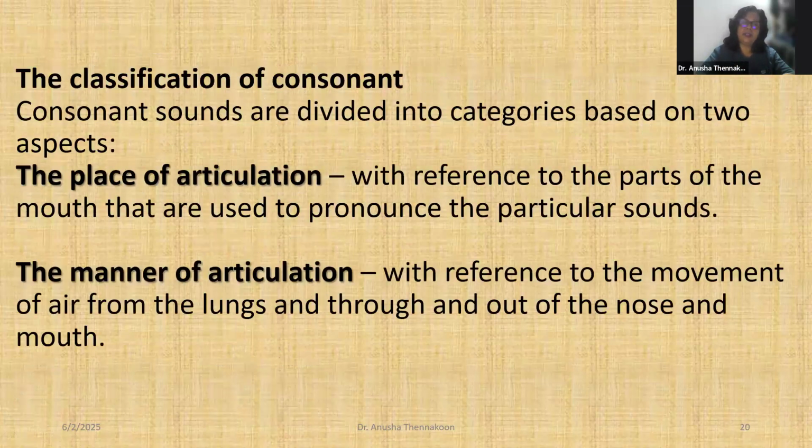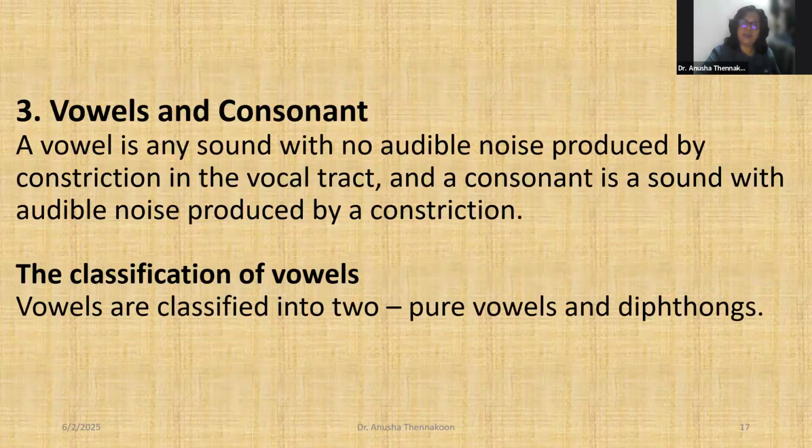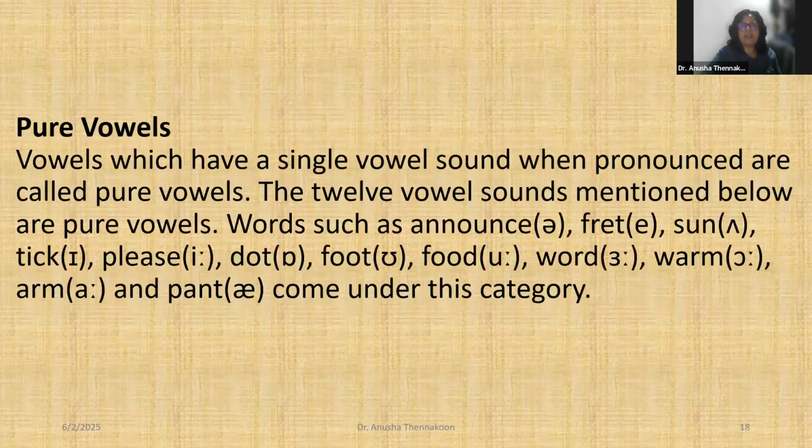Now you yourself should make a short note about vowels right now, otherwise you may forget these things. The vowels, there are two types, pure vowels and diphthongs. Pure vowels have one vowel sound.